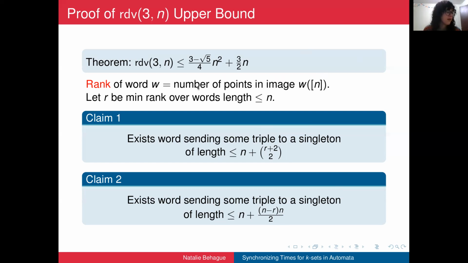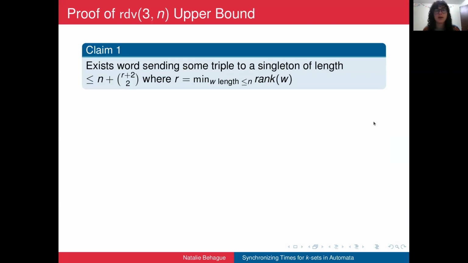You can think of that as saying, no matter which word we take, from say a triple to a pair, there's always going to be quite a lot of things in the image of that word. It's not immediately obvious why that's helpful, in the same way that it seemed to be helpful when R was small, but it is, in fact. So we proved these 2 claims, and then the idea is just to take a minimum over the two upper bounds. So let's just sketch how claim 1 works.